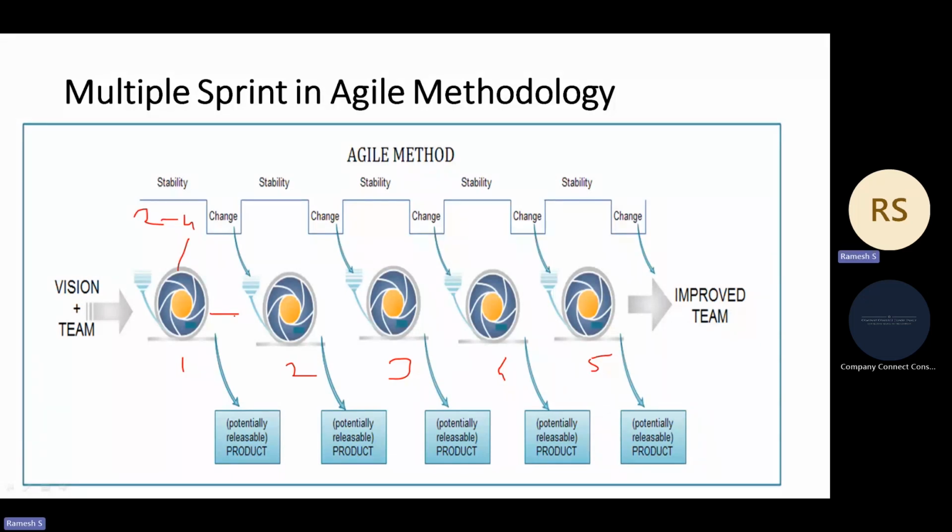And each sprint also has some product backlog. So if you see, this is nothing but a product backlog. And this product backlog is nothing but our collection of requirements, or I can say URS. For each sprint, we will collect some fixed number of requirements from this product backlog.